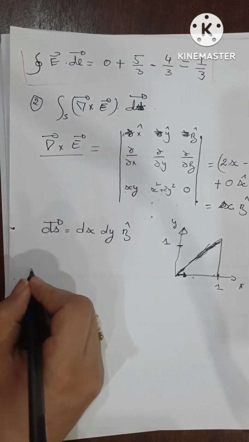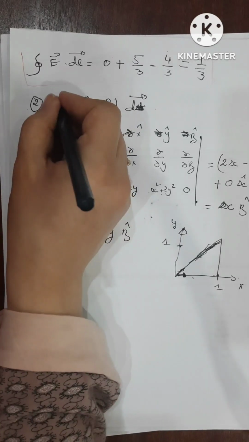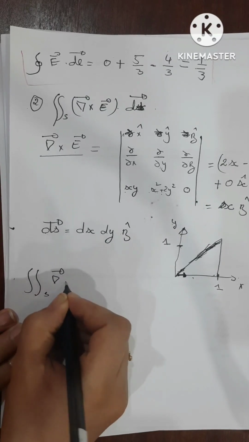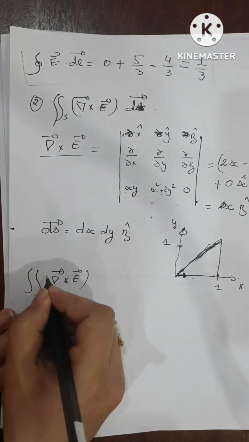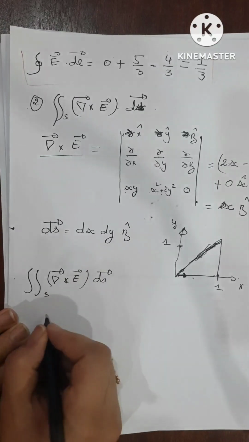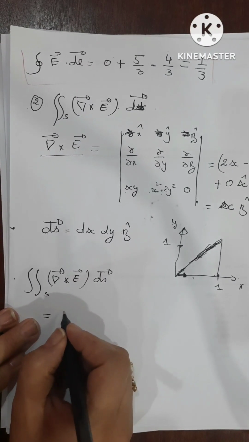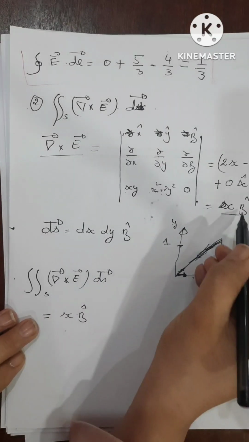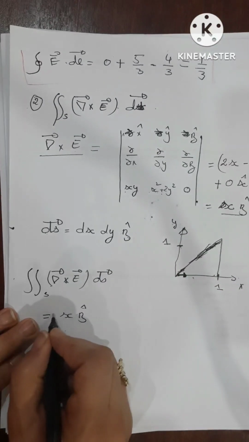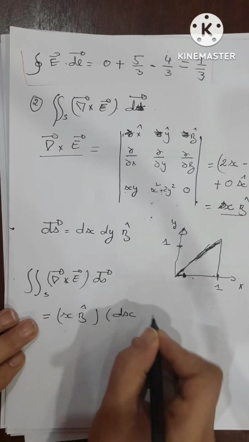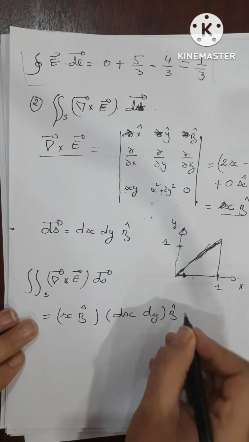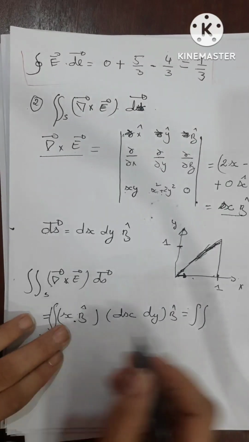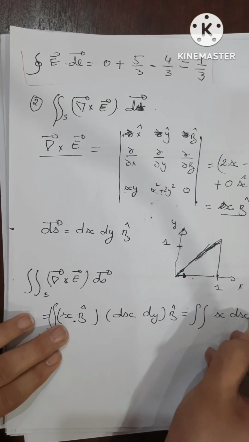Okay, then the function now, so it's the double integral over the surface of the curl of E ds equals x z dx dy. We don't need to put z because z is 0, but I will write it again. So it's the double integral of x dx dy.